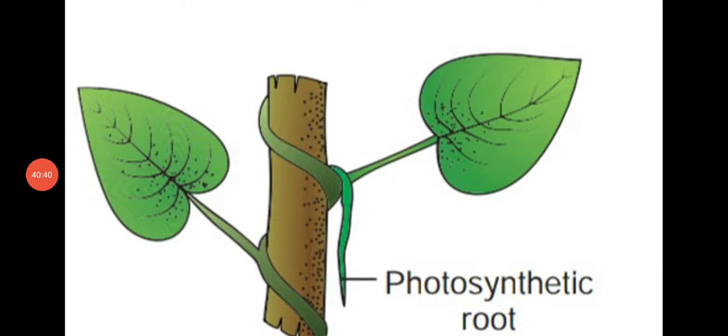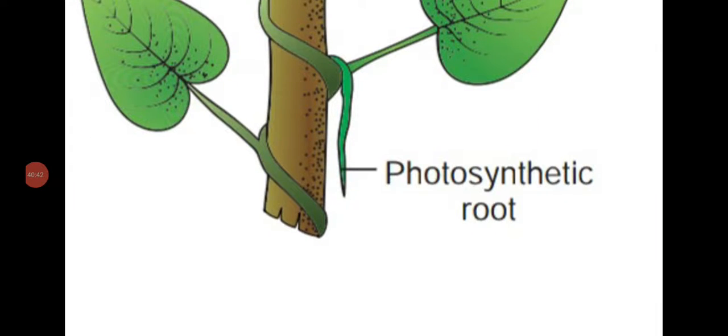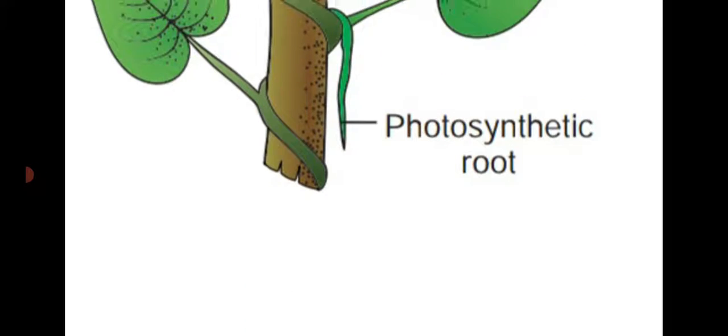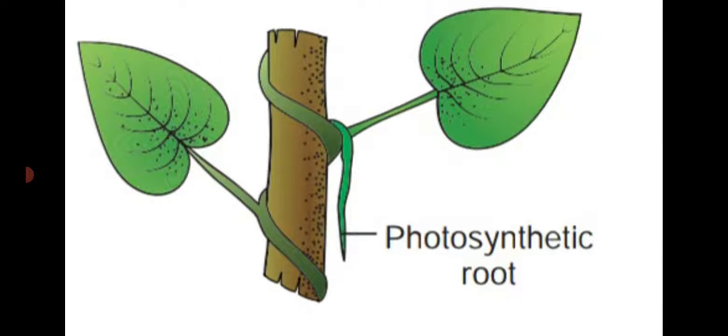Dear students, this is the last type, that is the photosynthetic or assimilatory root. Example, Tinospora. This is also present in the climbing root or epiphytic root. The yellowish brown color is the host plant.